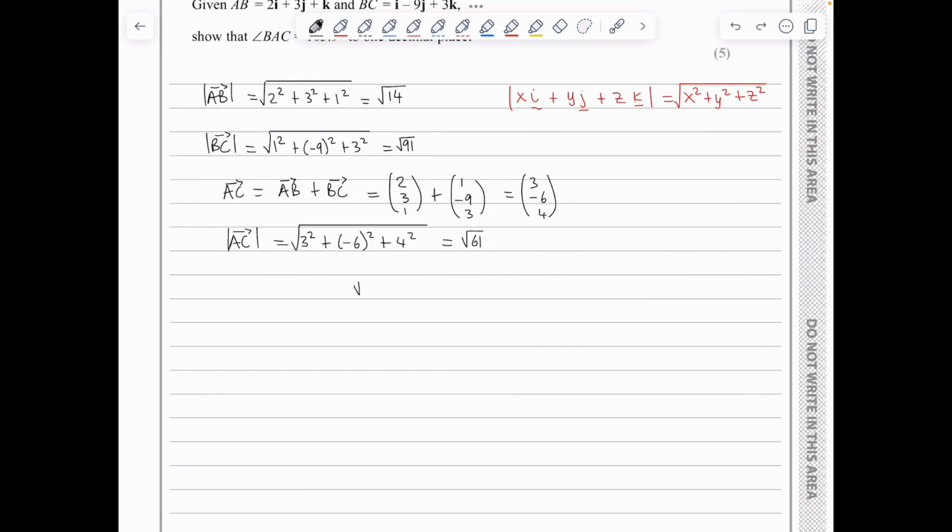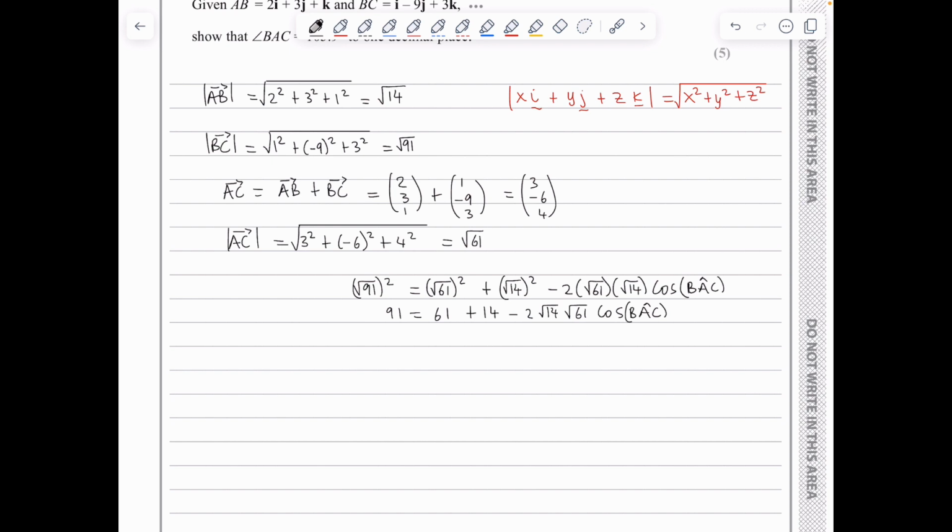So we have that root 91 squared is equal to root 61 squared plus root 14 squared minus 2 times root 61 root 14 cos of the angle BAC. This leads to 91 is 61 plus 14 minus 2 root 14 root 61 cos of BAC.